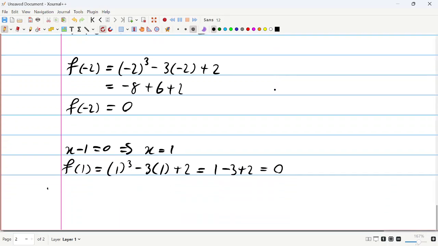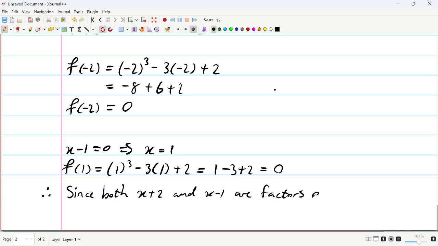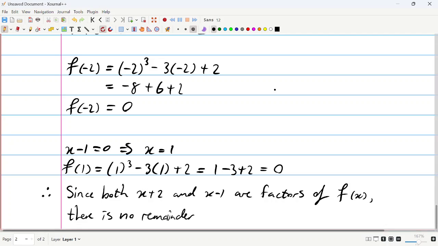You say over here, therefore, since both x plus 2 and x minus 1 are factors of f of x, there is no remainder from those roots.